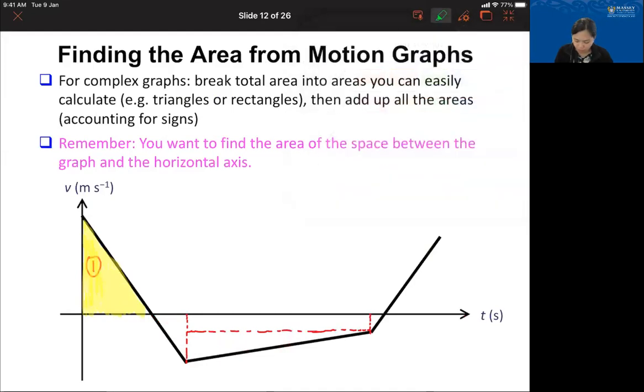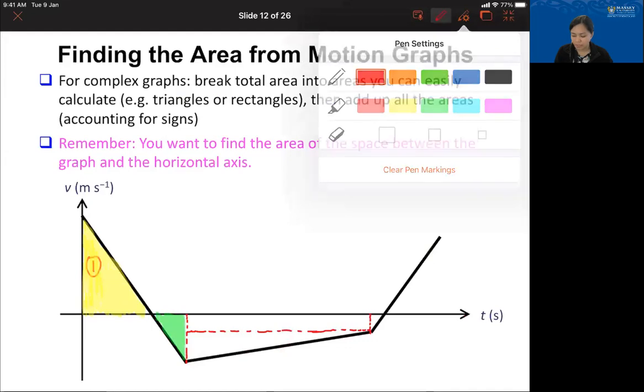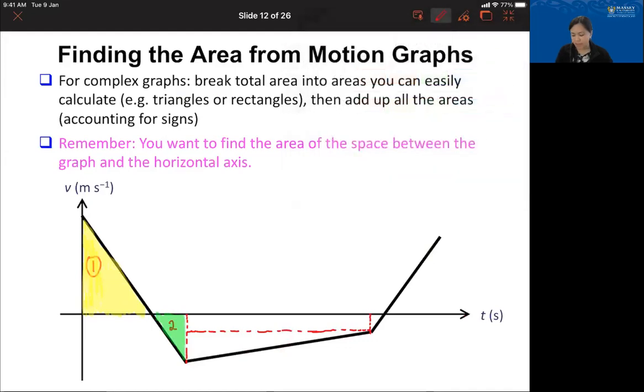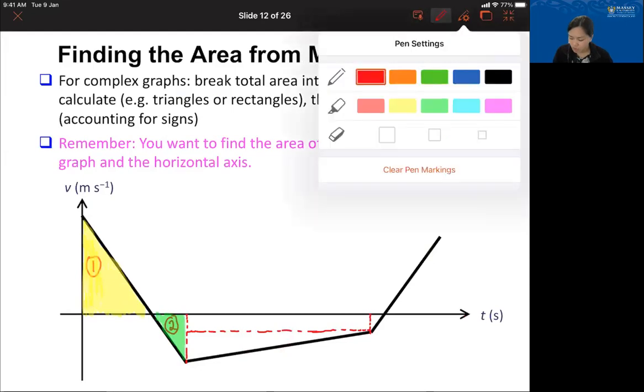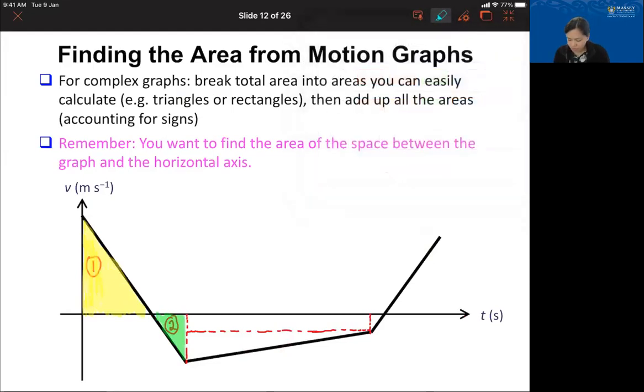So you have here a triangle, and you can say this will be the second area that I have to figure out. And you have here another triangle, and that's the third area that you need to figure out.